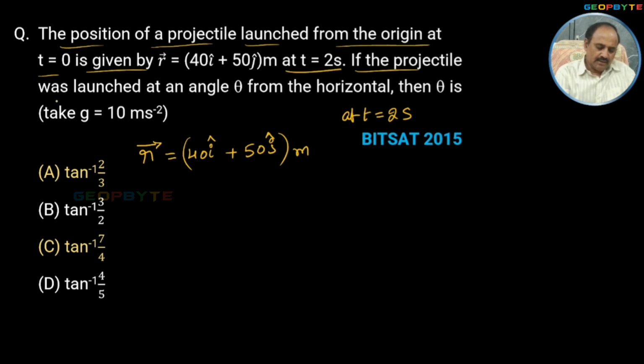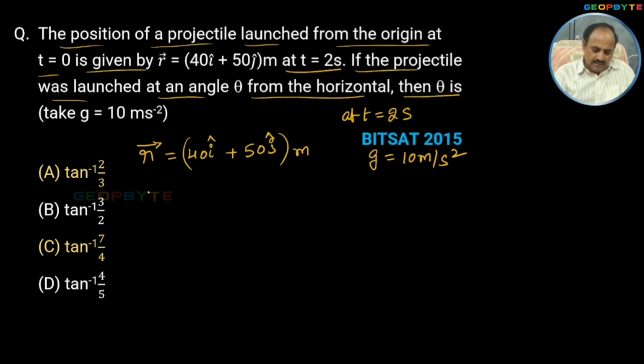If the projectile was launched at an angle theta from the horizontal, what is the value of theta? We are asked to take the g value as 10 meter per second square.